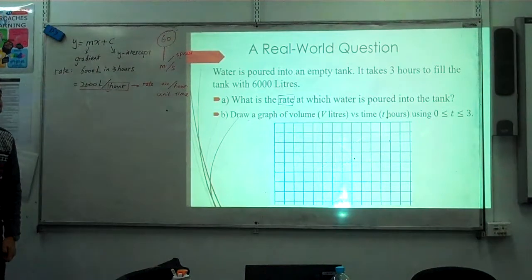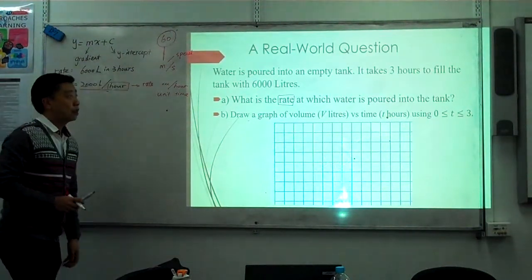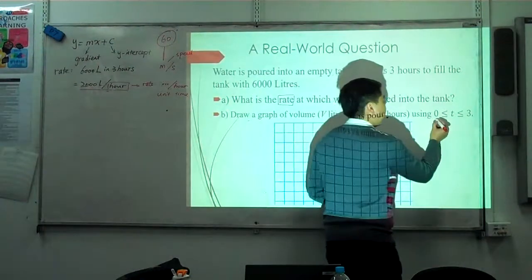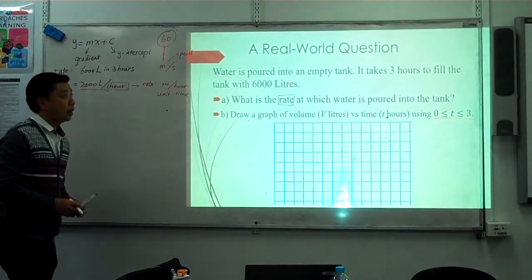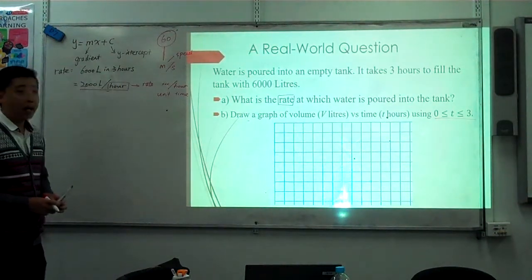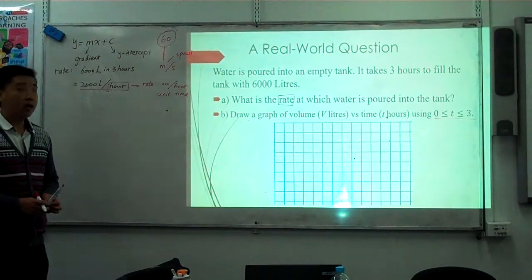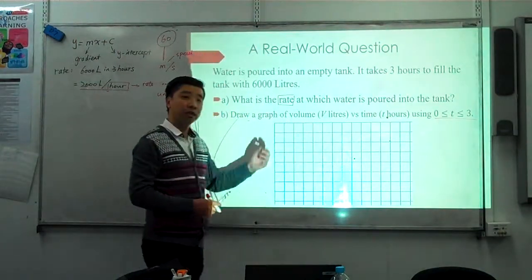Now, the next one. Could you please try draw the graph of the volume versus time? All right, so I explain this to you. T is the time. Time means less than or equal to 3 hours, and more than 0 hours. Okay, all right. Now, could you tell me which one is the x-axis, which one is the y-axis?